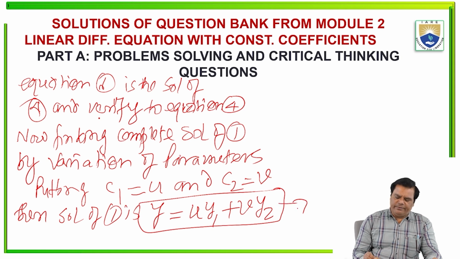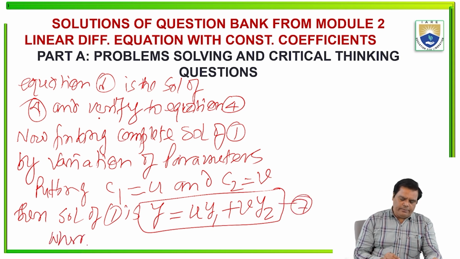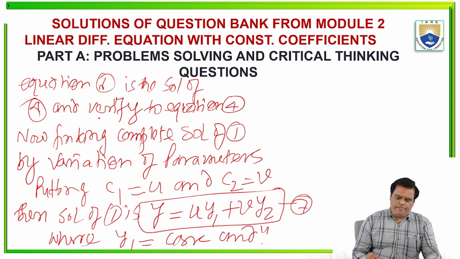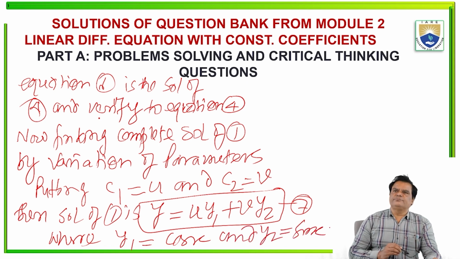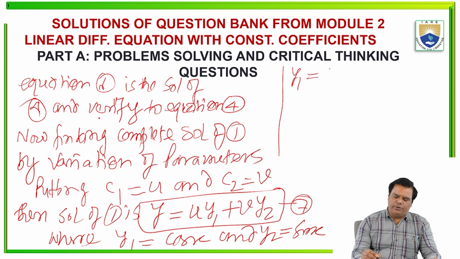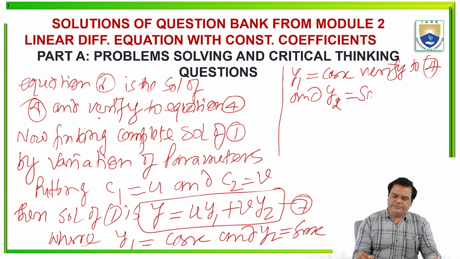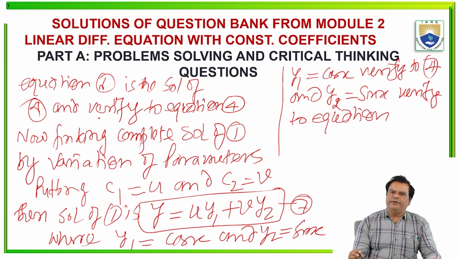This is equation 7, where y1 equals cos x and y2 equals sin x. Y1 equals cos x verifies equation 4, and y2 equals sin x verifies equation 4 also.